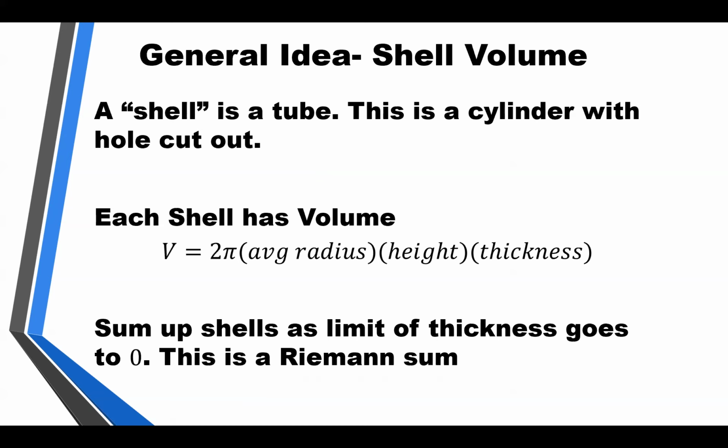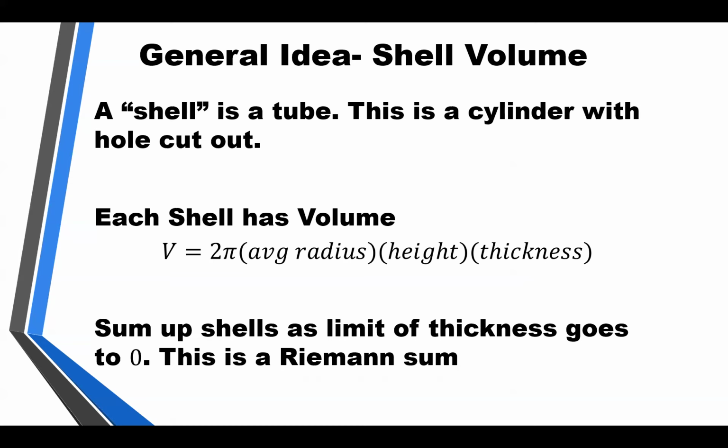So the volume of that little tube is going to be 2 times pi times the average radius, because there will be a thickness to it, times the height, and then times the thickness of the shell. The thickness of the shell is what we're going to take the limit going to 0 when we sum up.